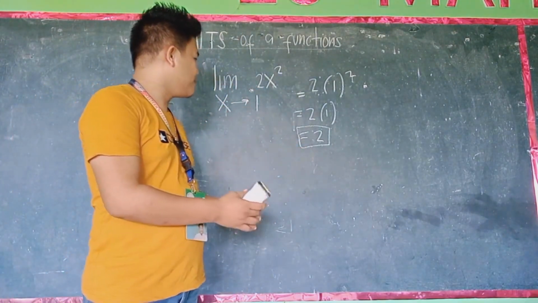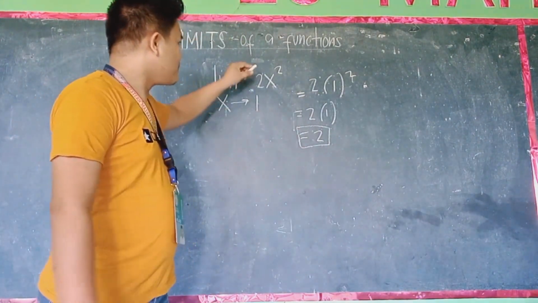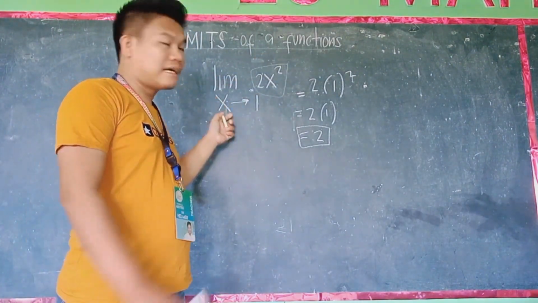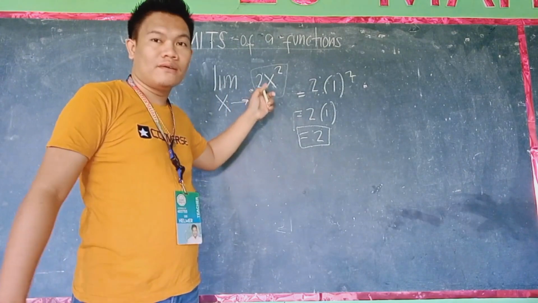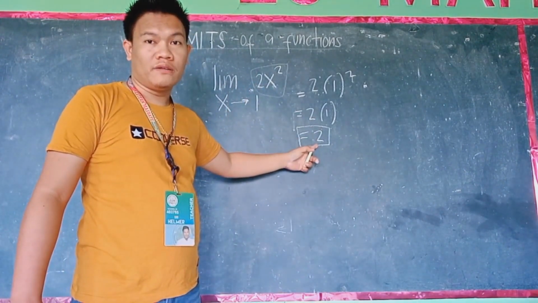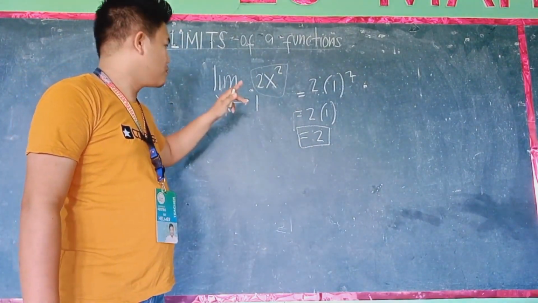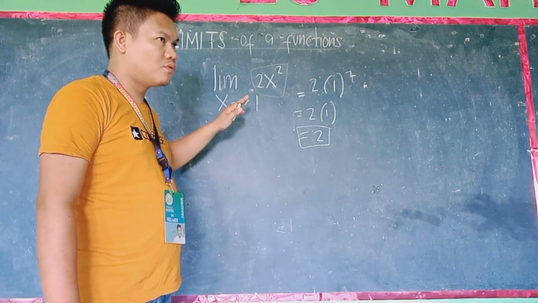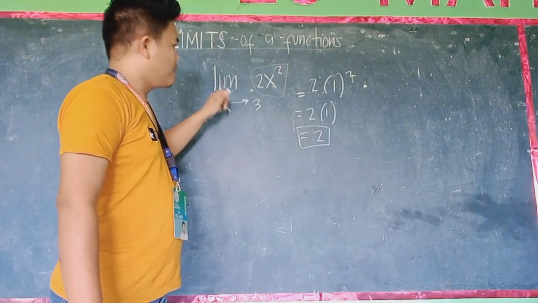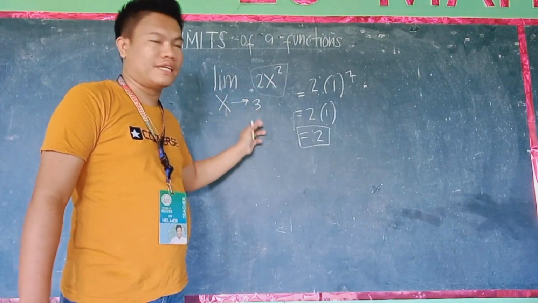The concept here is that for the function 2x squared, when x gets close to 1, the value of the function is 2. How about if we change it to, for example, 3? It is the same function, the limit of 2x squared as x approaches 3.